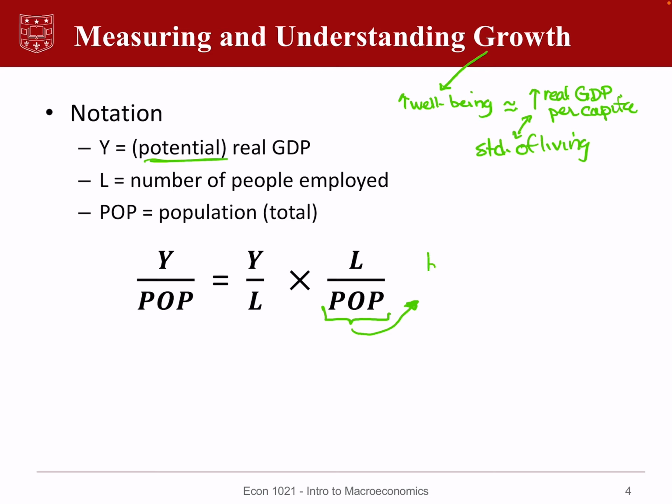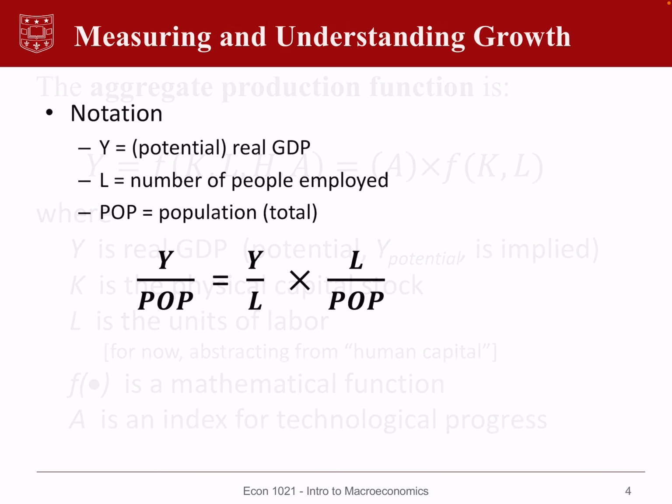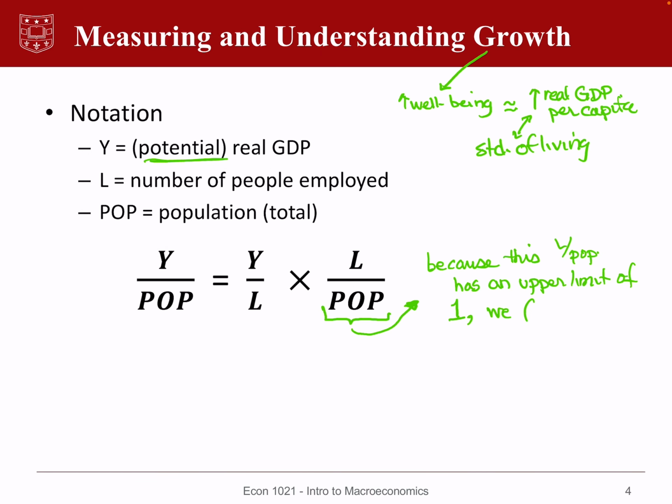Because this L over population has an upper limit of 1, we are going to focus on increasing GDP per worker, which is both income per worker as well as output per worker.